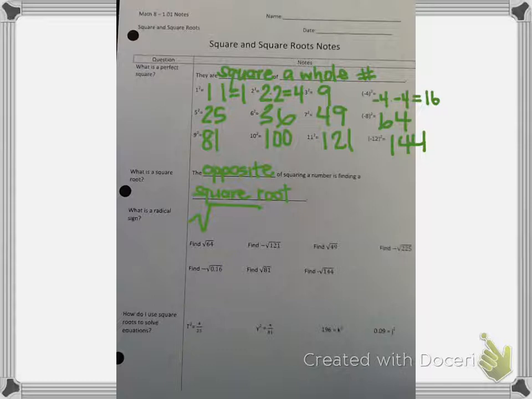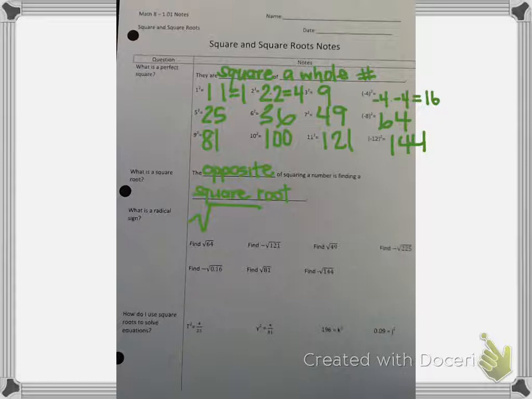So all we have to ask ourselves is, okay, we have the square root of 64, so what's the opposite of 64? Or what number times itself makes 64?